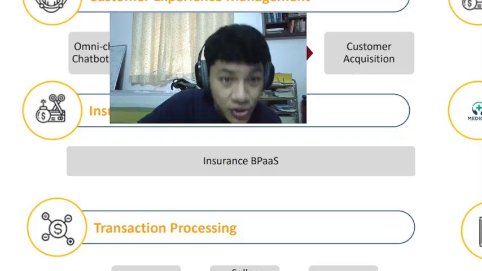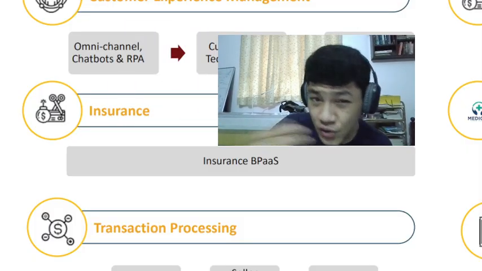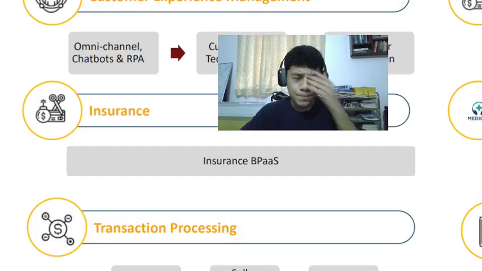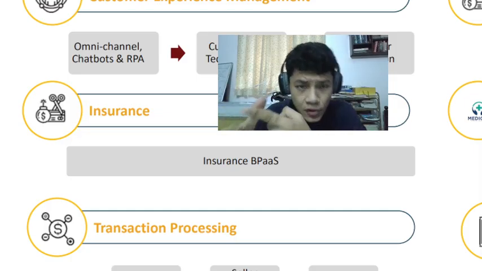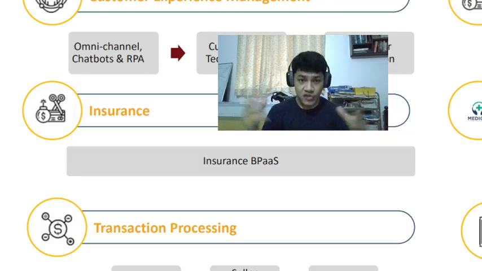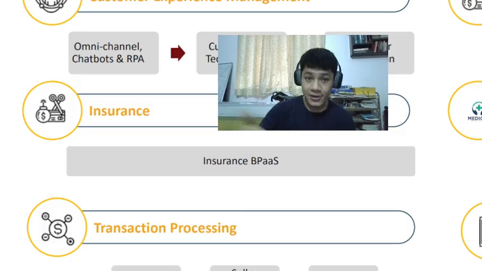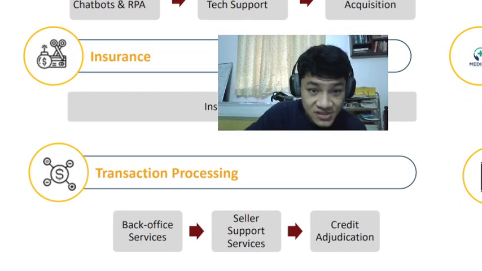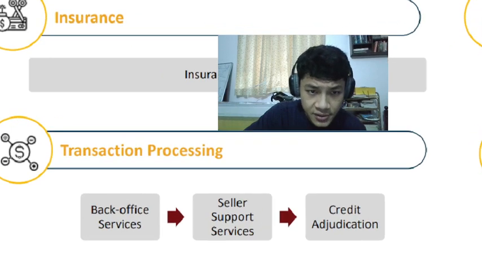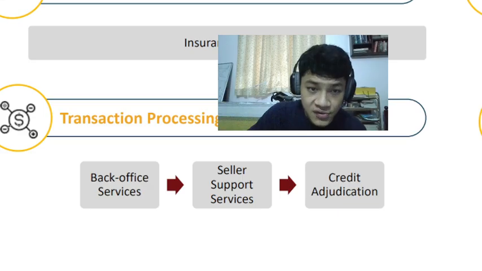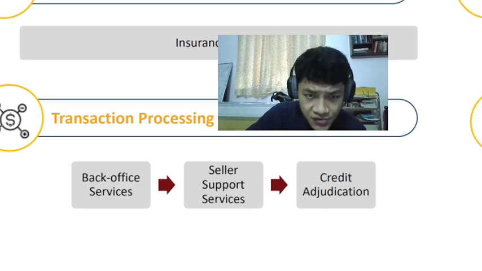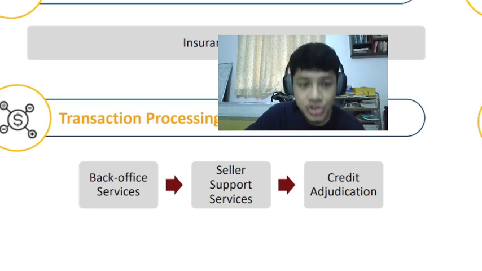Insurance companies, they even provide service to insurance companies, like processing claims. All the stuff that goes on in insurance which can be automated, Alldigi can do that. Transaction processing, right? Seller support services, back office services, credit adjudication.